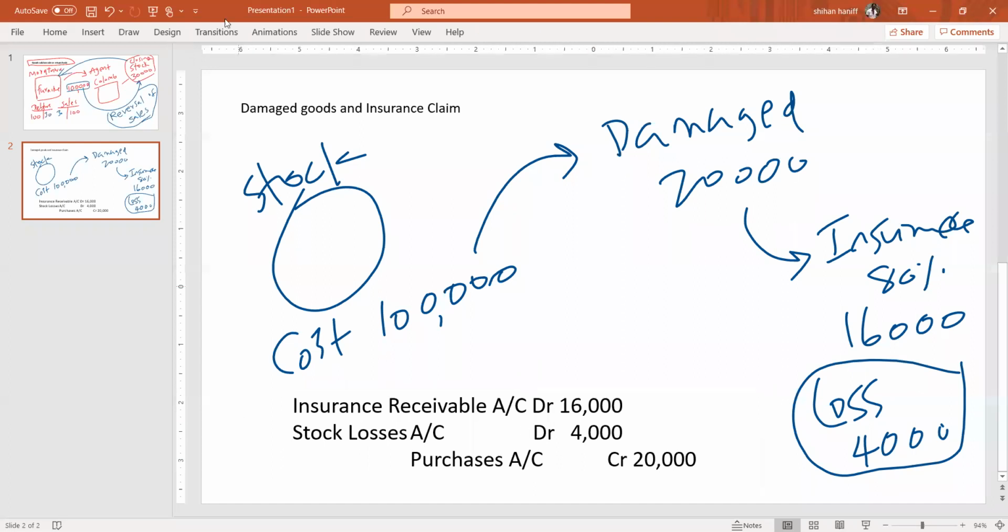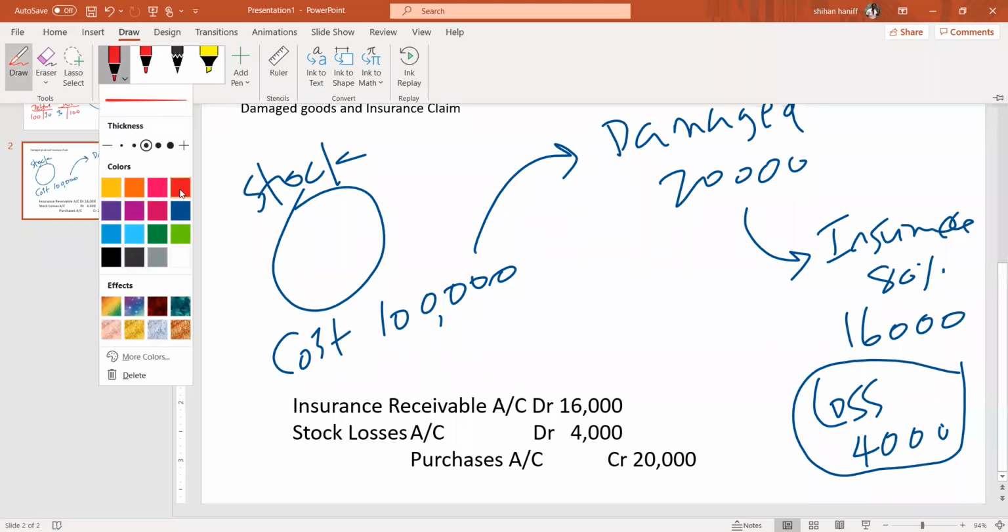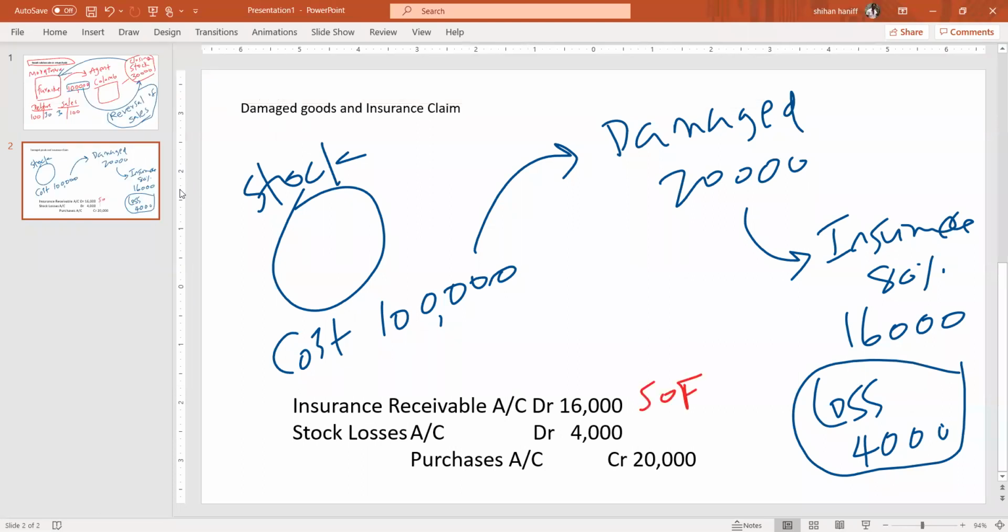Right? The insurance receivable goes to the statement of financial position in current assets. Stock loss, income statement under other expense.